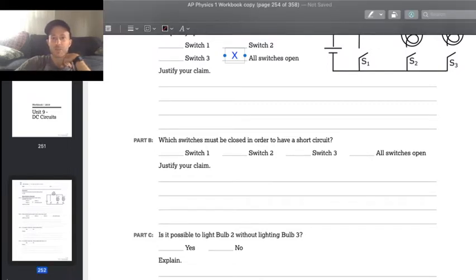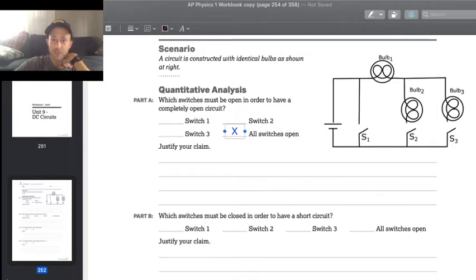Which switches must be closed in order to have a short circuit? A short circuit means you have current flowing out of the battery, but there's no resistance. If we close switch 2, then current can flow out the battery through bulb 1, through bulb 2, and back to the battery.